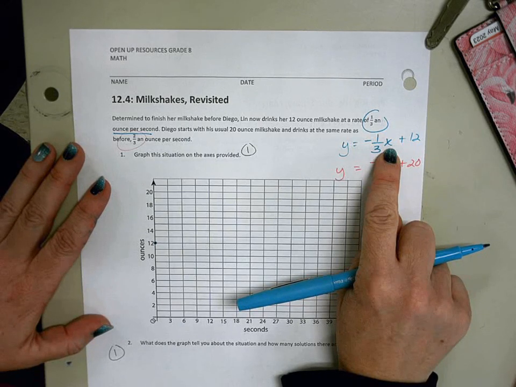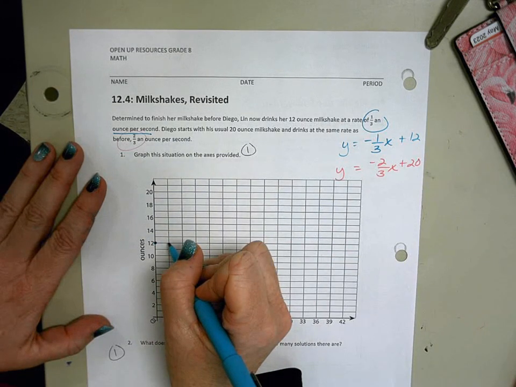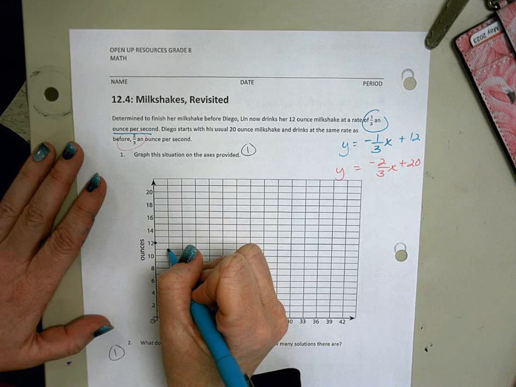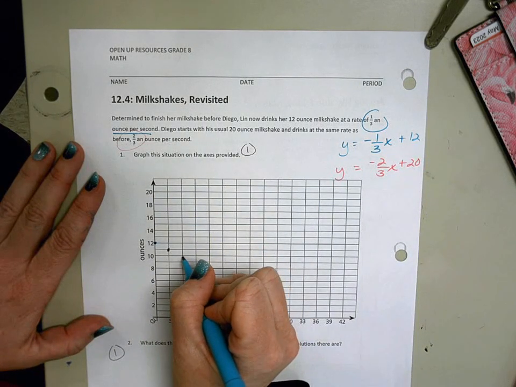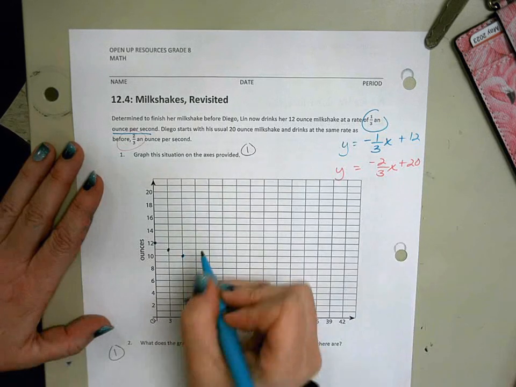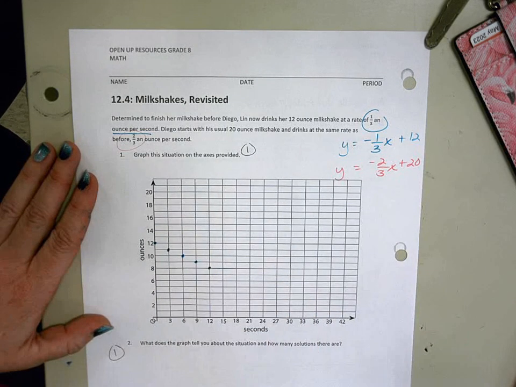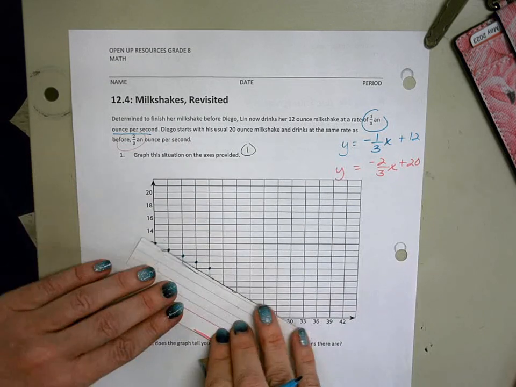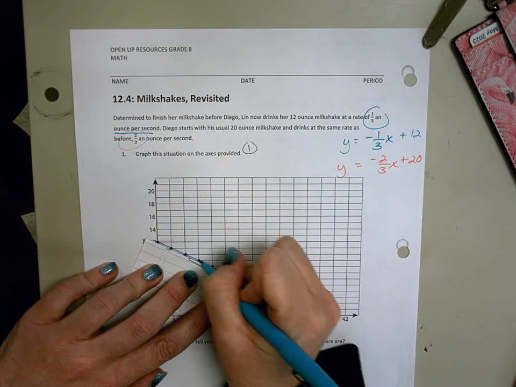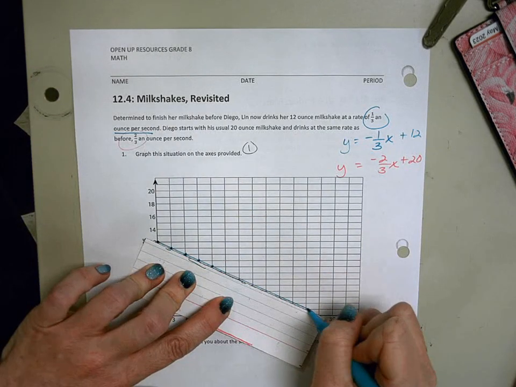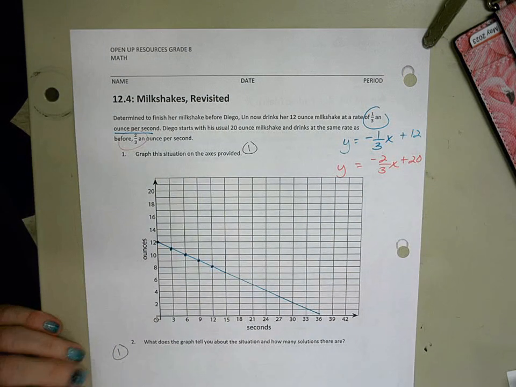So for every 3 seconds, she's going to have 1 less ounce. That seems like enough points for me to go ahead and use my straight edge. All right, looks like she's going to finish somewhere around 36 seconds.